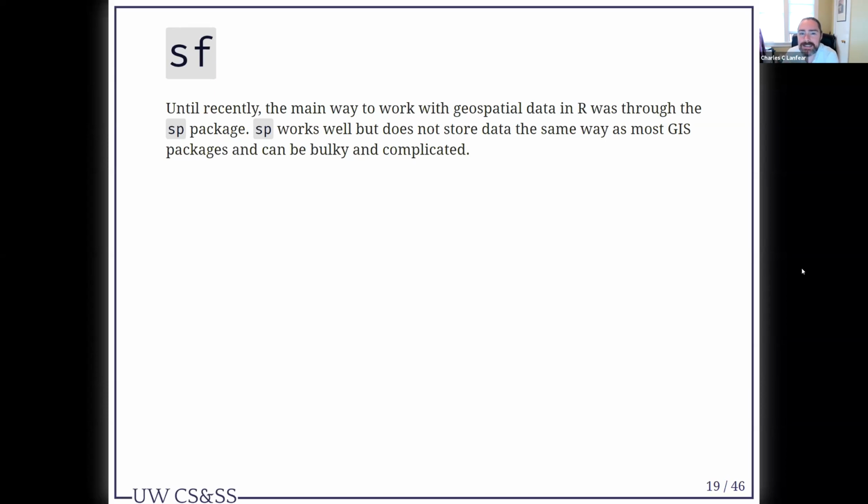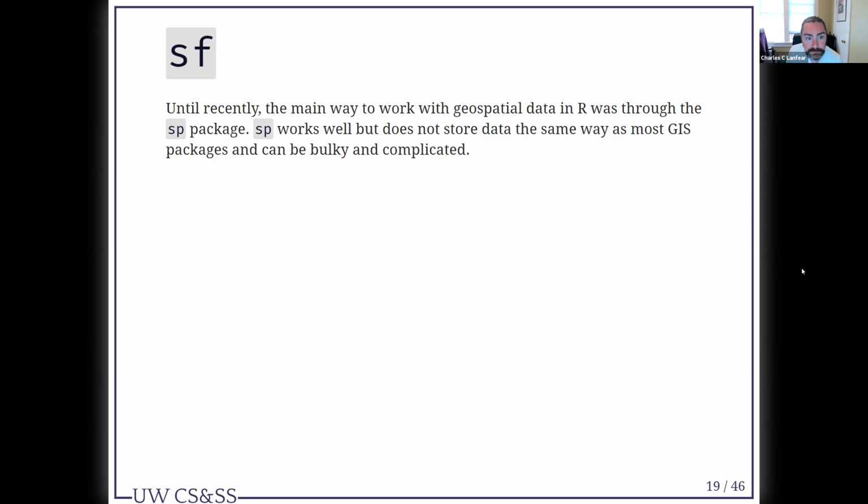But sp does not store data the same way most GIS software packages do, like ArcGIS and QGIS. It can be a little bit bulky and complicated, and it definitely does not store data in something that looks to us like a tidy format. It can be kind of awkward to deal with. You might have to do list manipulation and weird operations directly on your data.